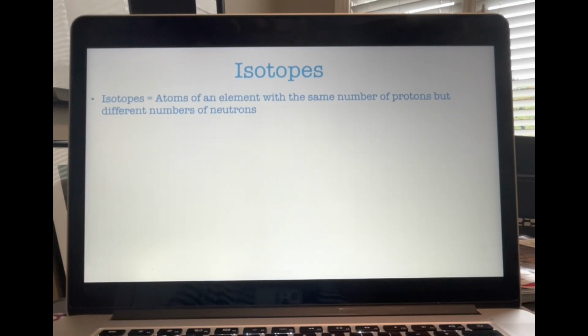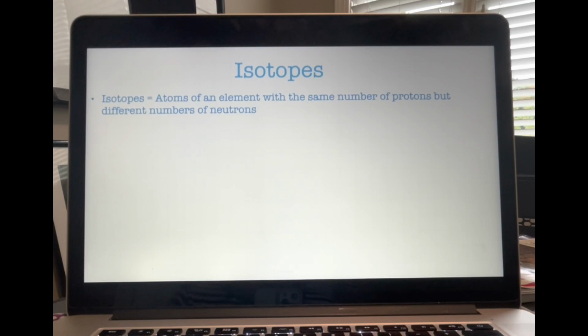Isotopes are defined as atoms of an element with the same number of protons, but different numbers of neutrons. And again, to make it an atom of an element, it has to have the same number of protons. Isotopes of an element have the same atomic number but different mass numbers because they have different numbers of neutrons.